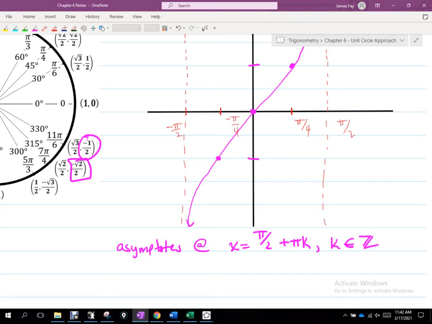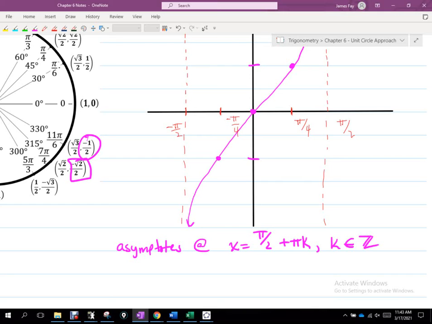So that means k could be 0, 1, 2, 3, 4, 5, 6, or -1, -2, -3, -4, all the way to positive and negative infinity. What is interesting here, I think, is that you don't really have to start with pi over 2. You can start at 3 pi over 2. And then when k is -1, that would give me the pi over 2 asymptote. And then when k is negative 2, that would give me the negative pi over 2.